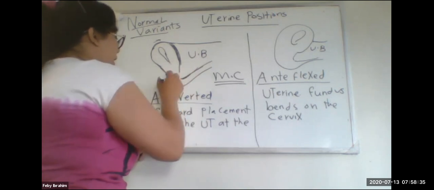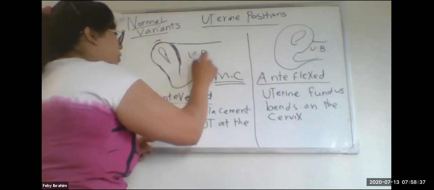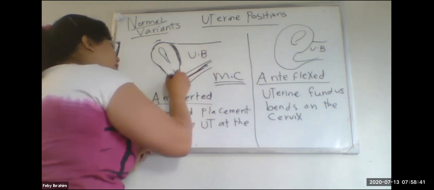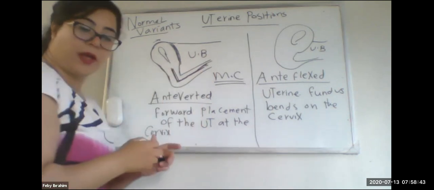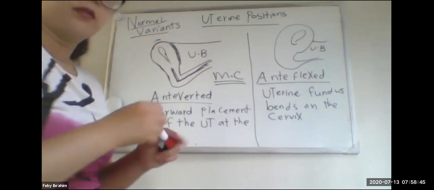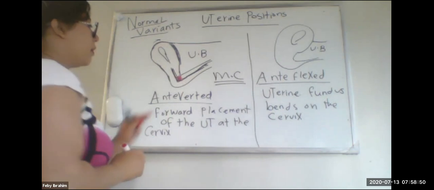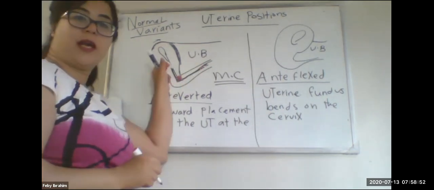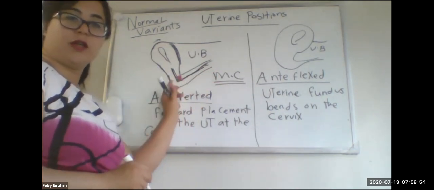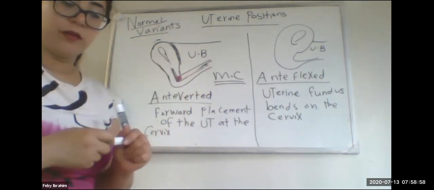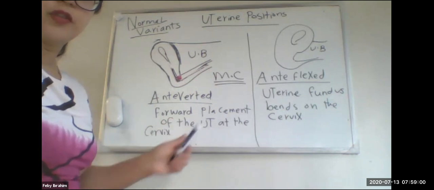If we do a line here between the vagina and the cervix, you're gonna see it's forming a 90-degree angle. And this is the anteverted uterus.